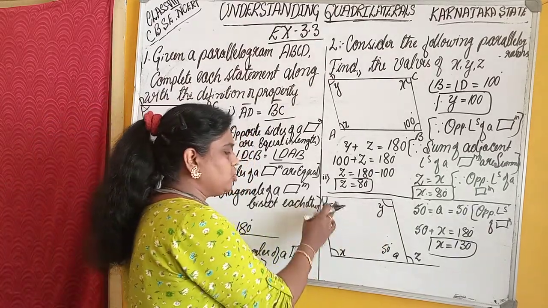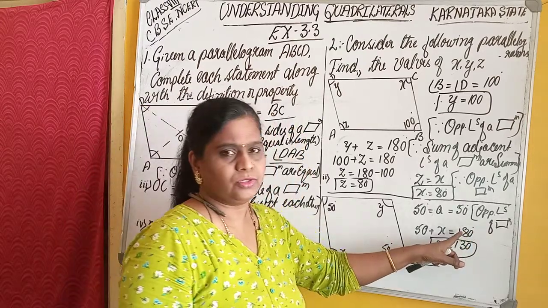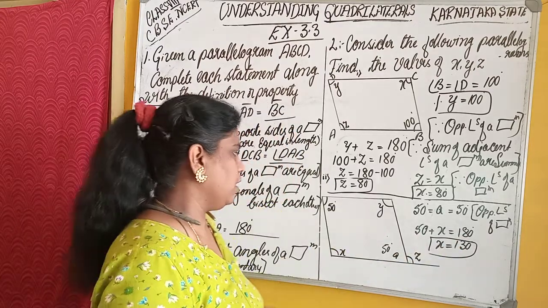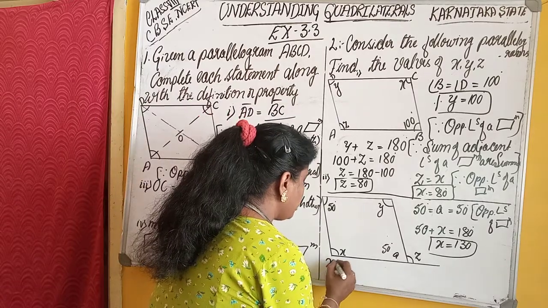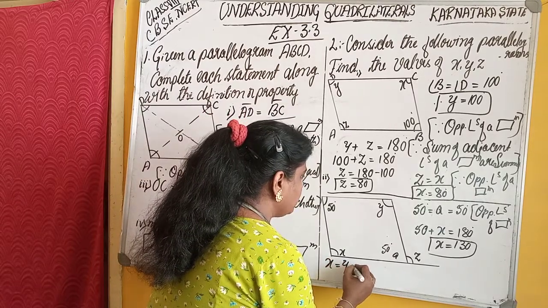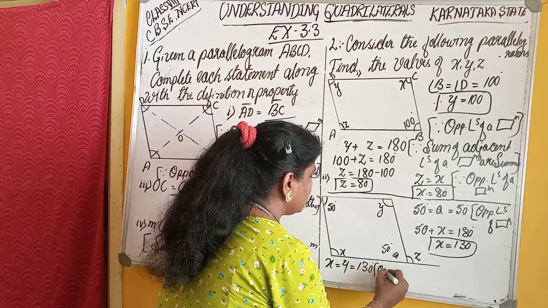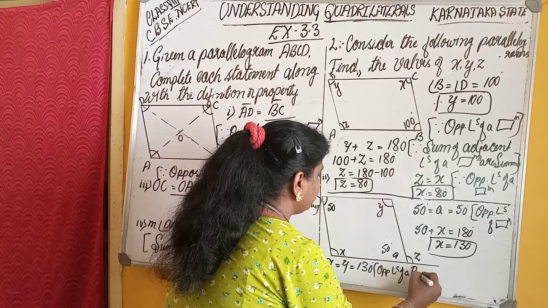If we add these two angles, we should get 180 degrees. This is according to property 3. Therefore, x is equal to 130. And here x is equal to y, that is equal to 130. These are opposite angles of a parallelogram.